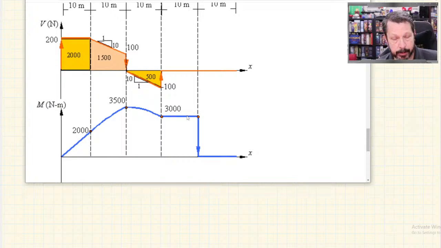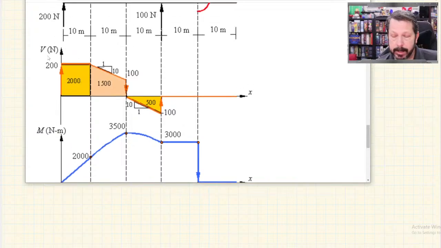Also, look at this, the area here, this number 2000, is the area of a height of 200 and a width of 10 meters. So I'm going to say that again, height of 200 newtons, a distance of 10 meters, the area here is 2000 newton meters, 200 newtons times 10 meters.